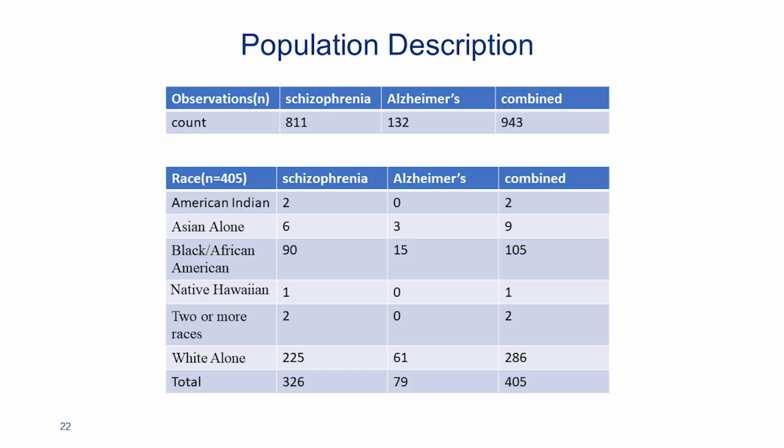So as we explore the data, some tabular output in terms of the population description. Number of observations: in the schizophrenia arm, we had 811 concentration observations, and in the Alzheimer's arm, 132, so 943 observations all told.